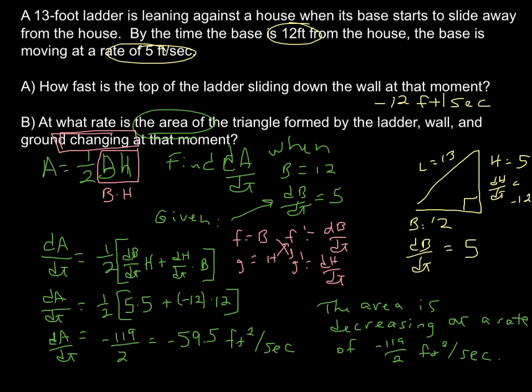Don't put that negative in there. That's my bad, sorry. See if it'll let me erase it. We don't want it to be negative because we said decreasing, so be careful with that. The area is decreasing at a rate of 119 halves or 59.5. So leave that negative out because we took care of it. Okay? All right, we got another example.